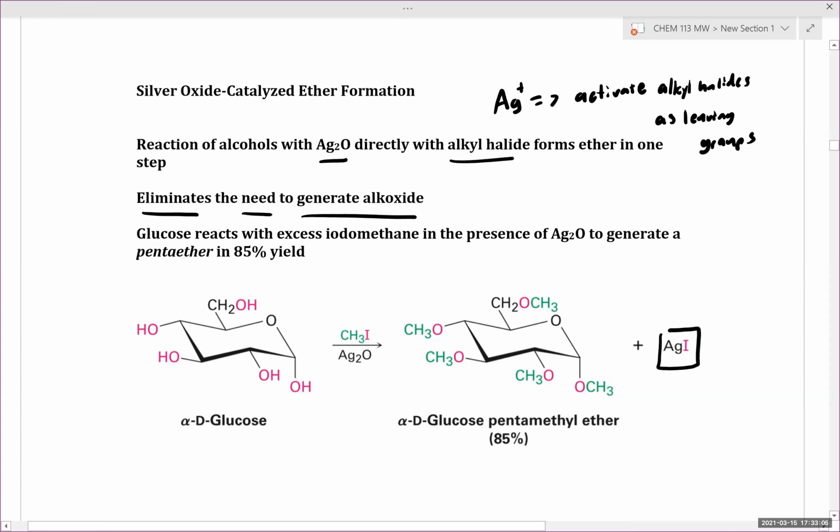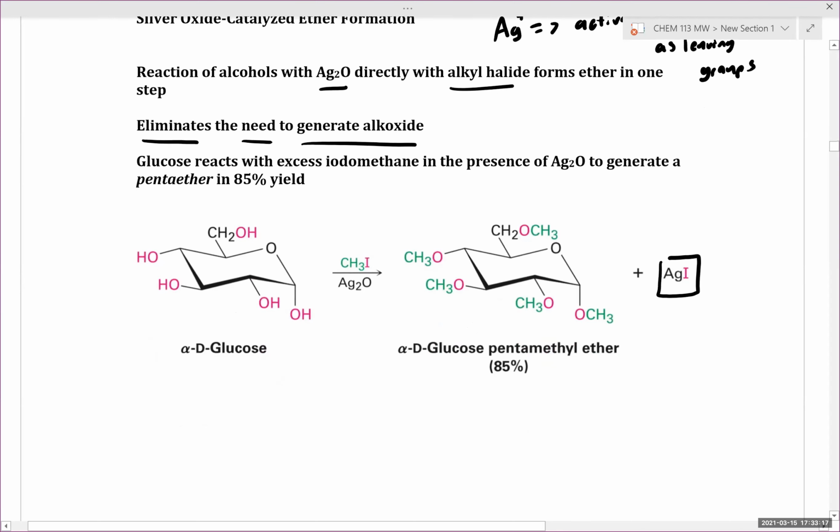This is really important because it allows you to run reactions to generate ethers under neutral conditions. So you can use this to form ethers of relatively sensitive alcohol substrates. For example, you can take glucose and you can methylate each of the 5 free alcohols on glucose.